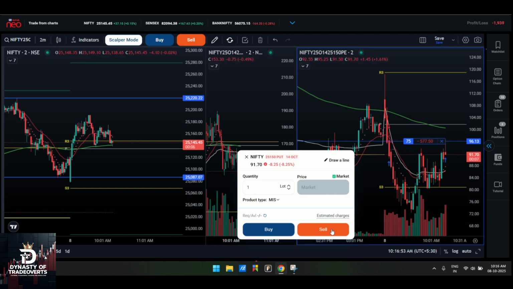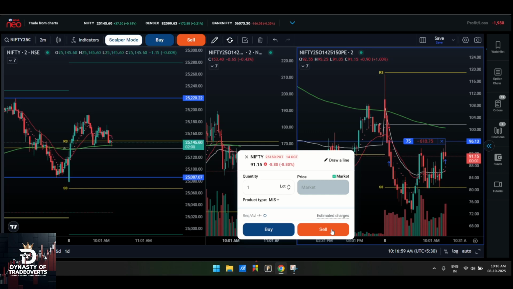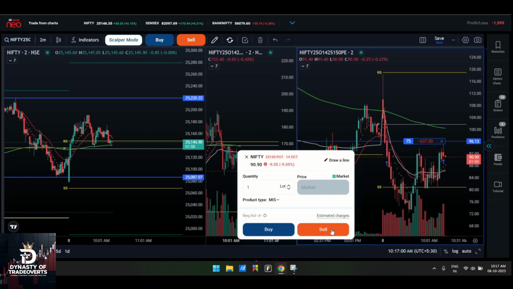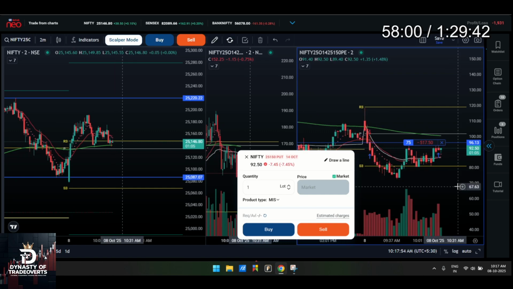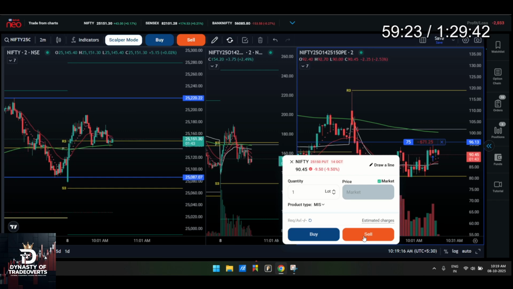The price is taking a rejection. My losses are almost 2000 rupees, 20% of my capital. Finally, a green candle.